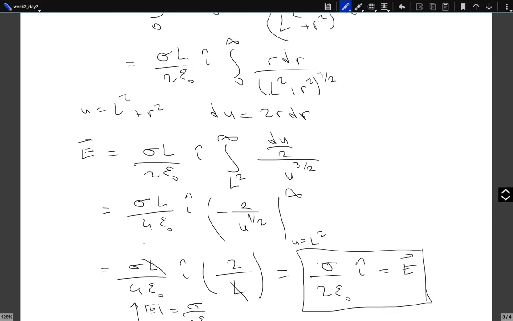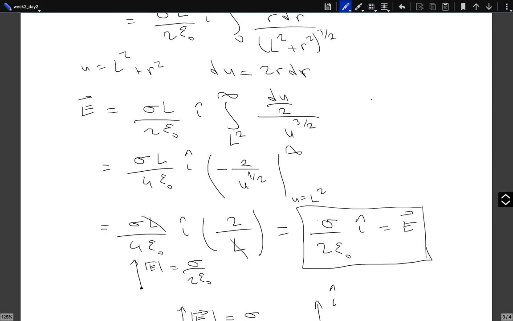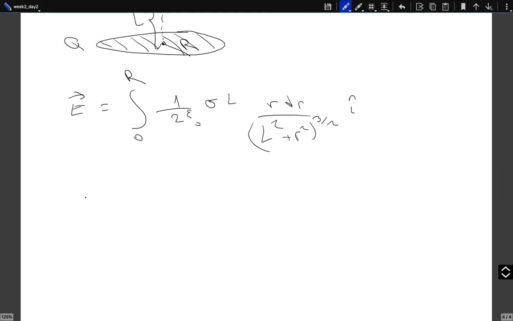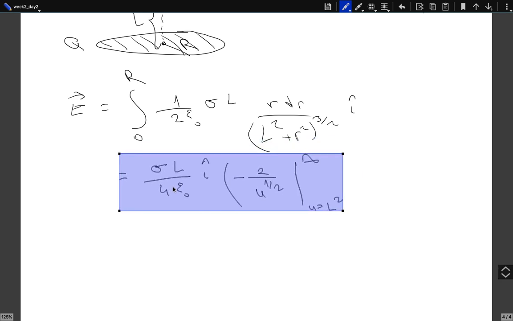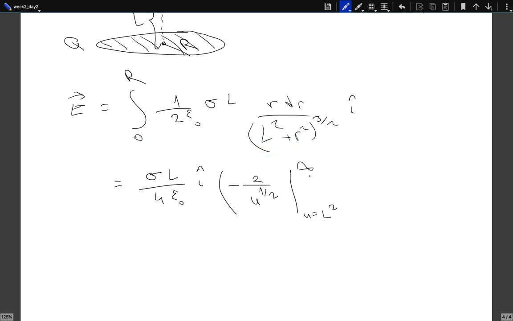Now let's go back. We had already evaluated that integral. The upper limit is just capital R. So this becomes sigma L over 2 epsilon 0 in the I direction.